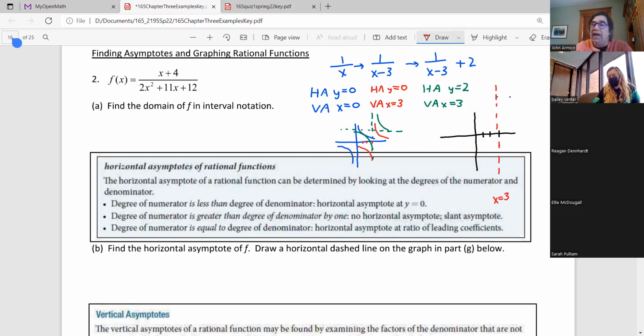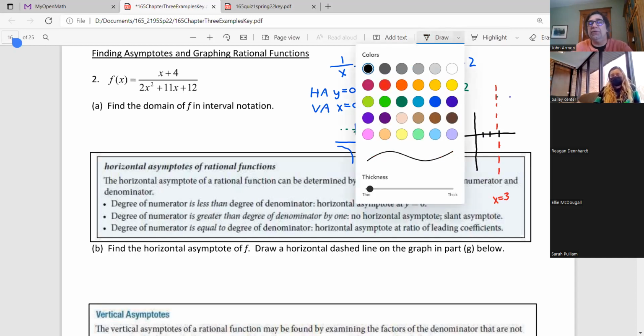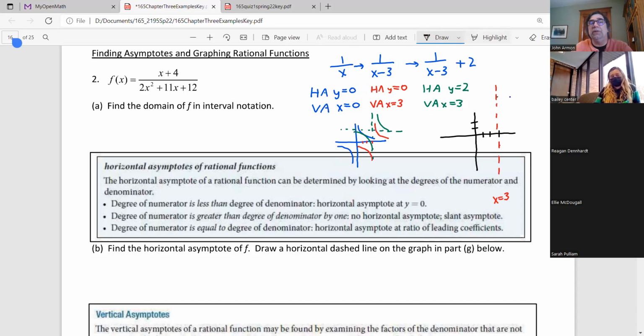And remember, asymptotes are lines. So when you draw it, it's a vertical line. Make it dotted because it's not actually part of the graph. But it's a line, so make sure to write its equation. Don't just say vertical asymptote 3. It's x equal 3. Same thing is true for the horizontal. Don't just say 2, say y is equal to 2.